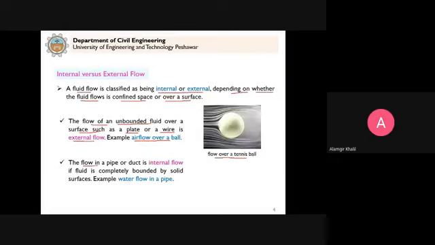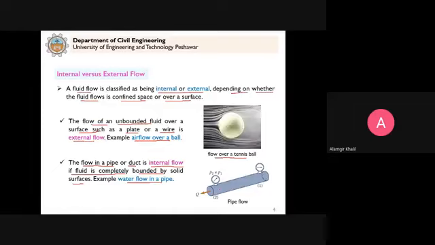Next, the flow in a pipe or duct is internal flow if the fluid is completely bounded by solid surfaces. Example, water flow in a pipe. As we already studied in the previous chapter, the flow always occurs in a pipe.